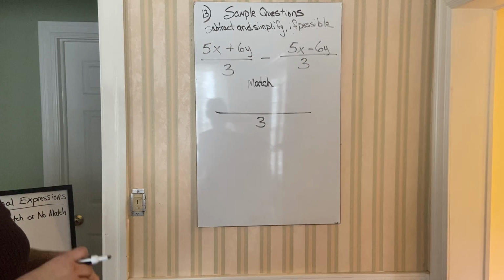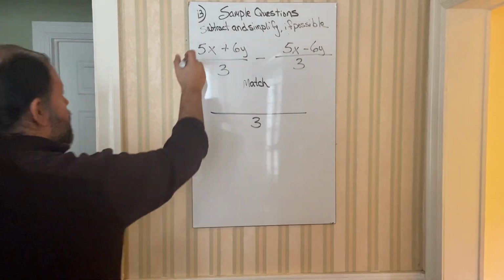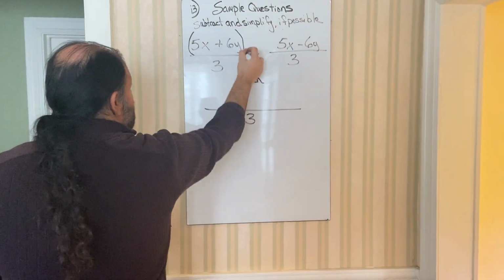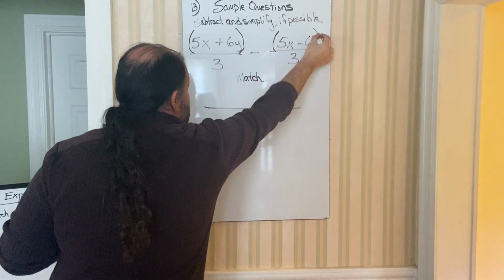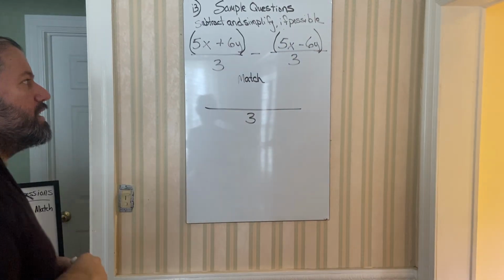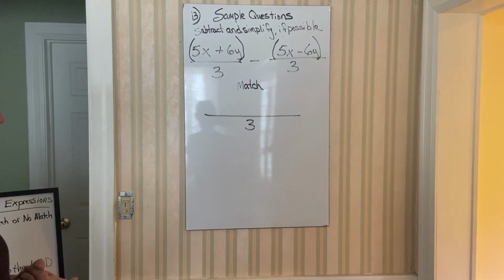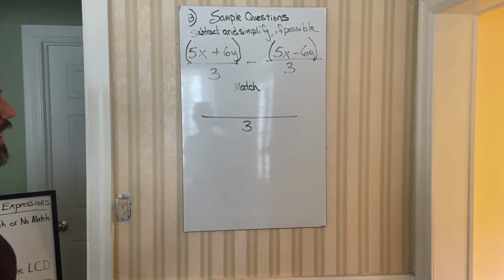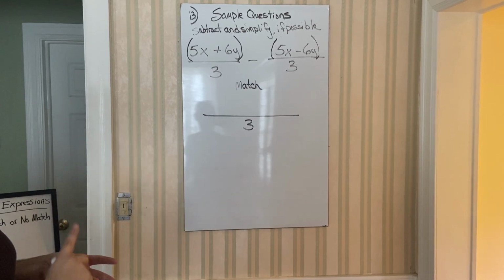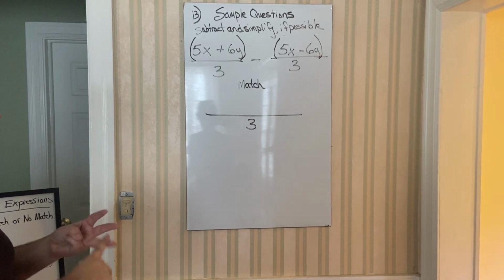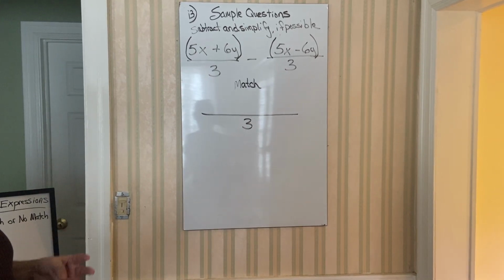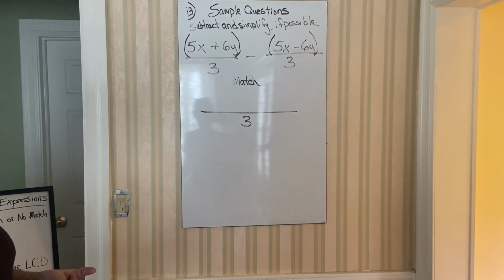Next, I told you that you want to do your parentheses. Because they match, we don't need to find an LCD. We do not need to raise. We can rewrite the numerator, but we need to use parentheses to do that.